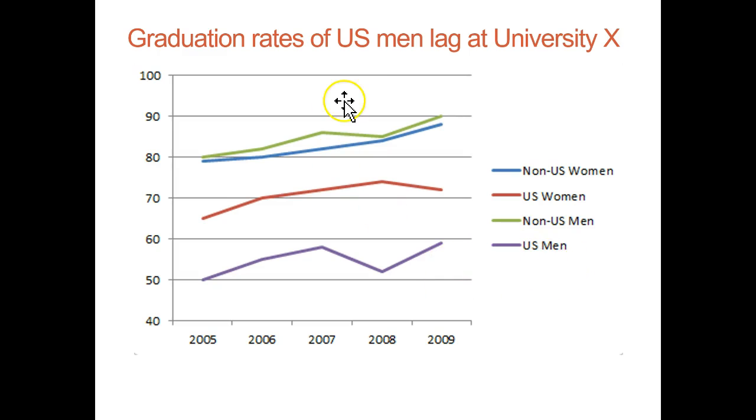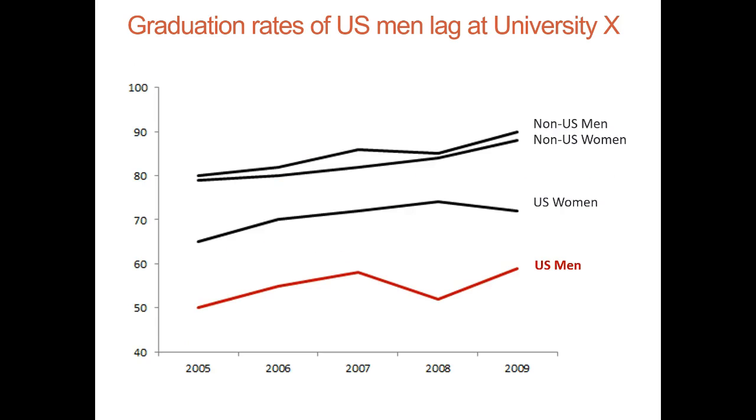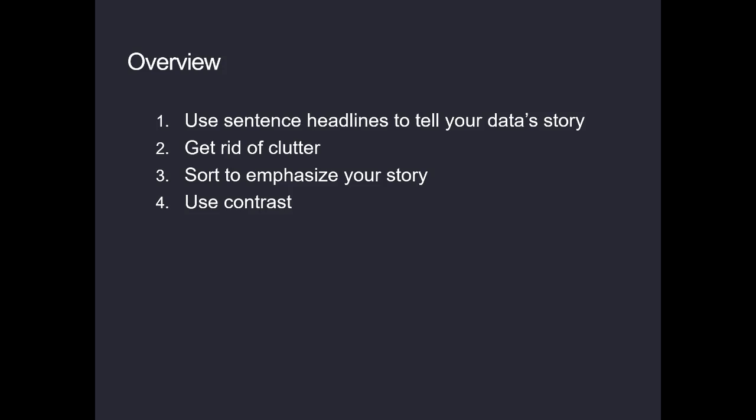So say I really want to focus on the poor performance of U.S. men. I might do something like this. So put all these others in the same color, line them up rather than relying on the color to help us see which one goes with which, and put the one that I really want my audience to focus on in a different color to really make it stand out.